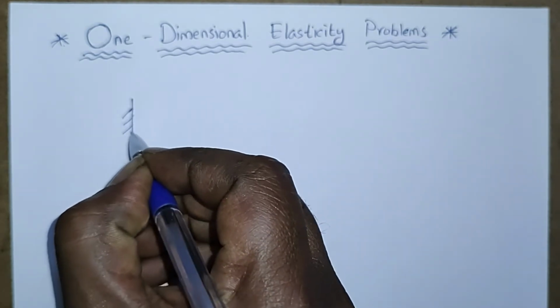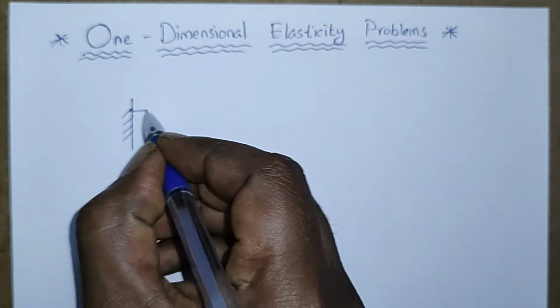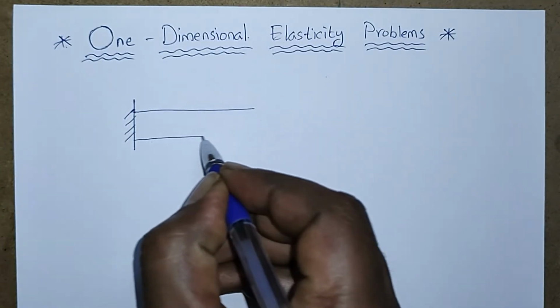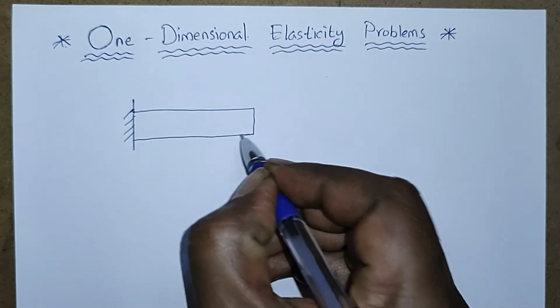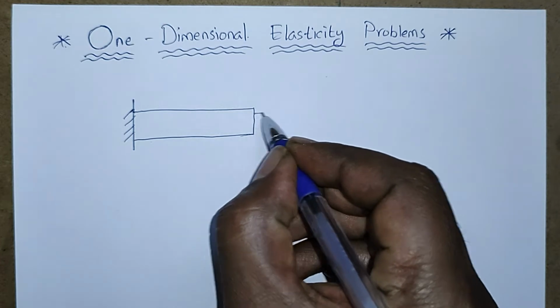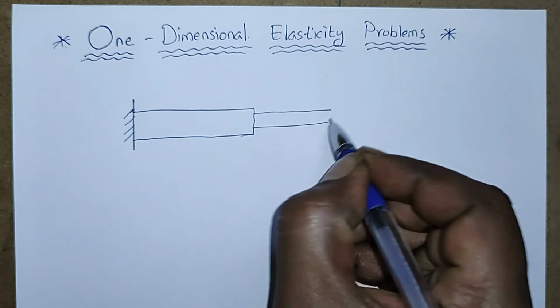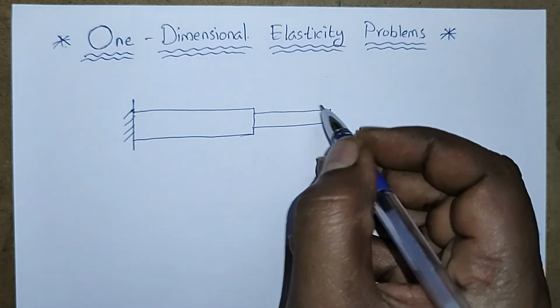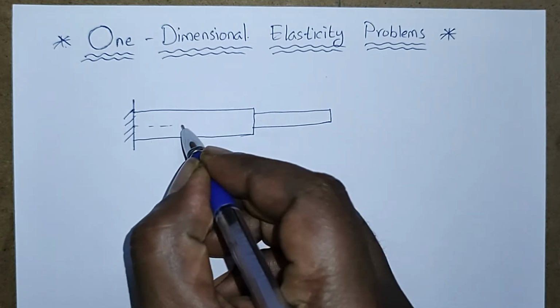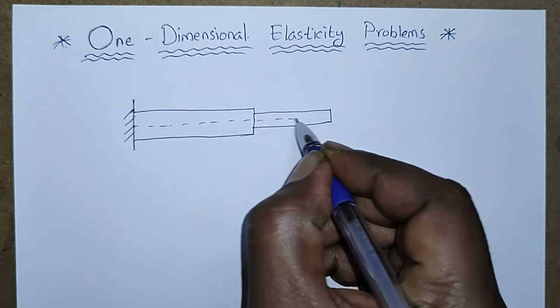So this is our stepped bar. In this stepped bar, how we are plotting the elements and how we are plotting the nodes, all these things we can understand with the help of this stepped bar diagram.